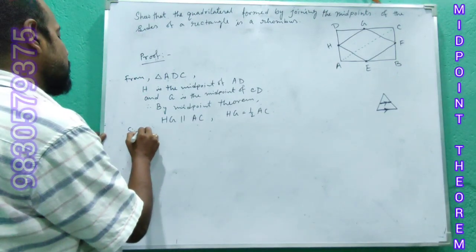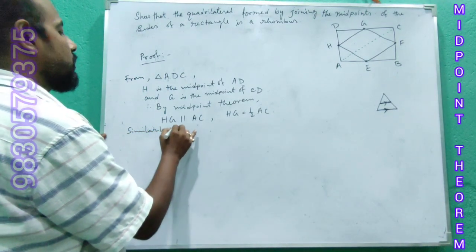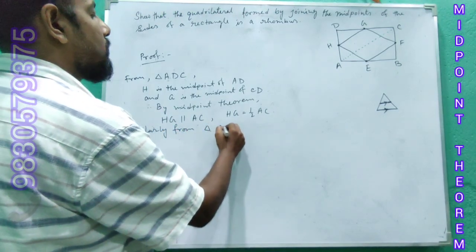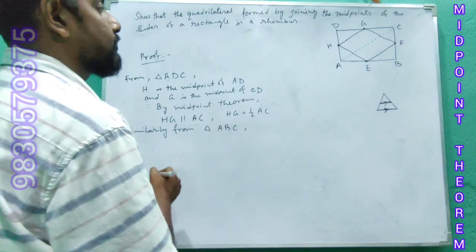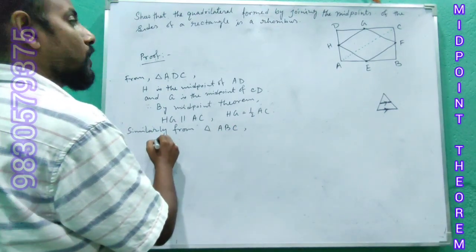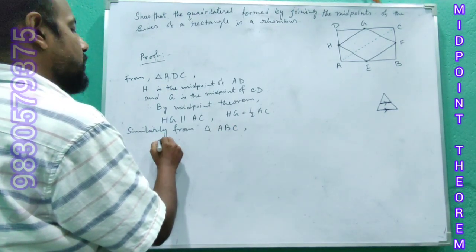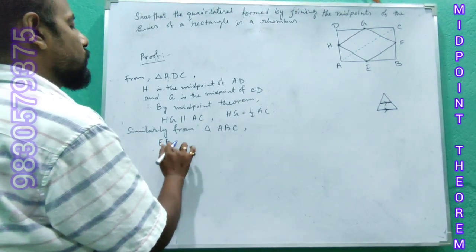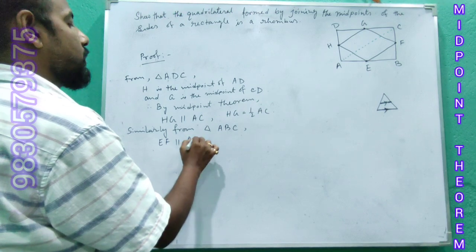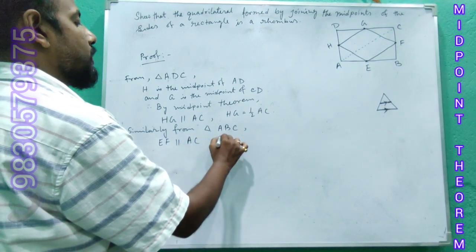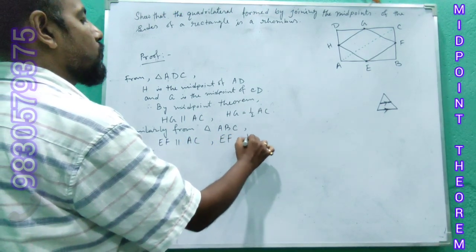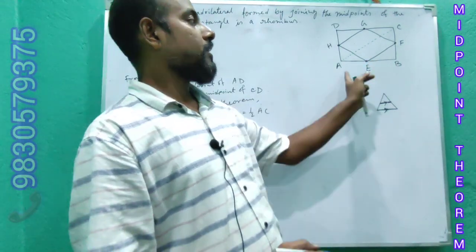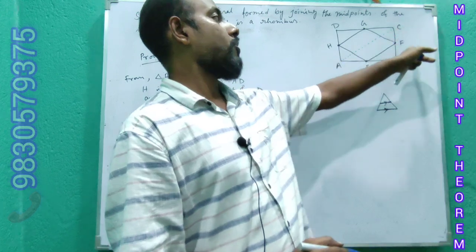Similarly, from triangle ABC, we can say EF is parallel to AC and EF equal to half of AC, because E is the midpoint of AB and F is the midpoint of BC.